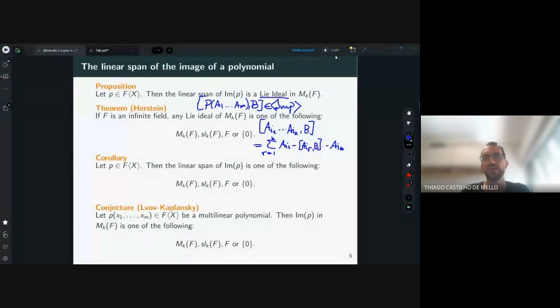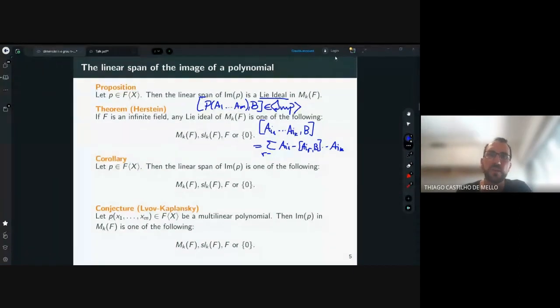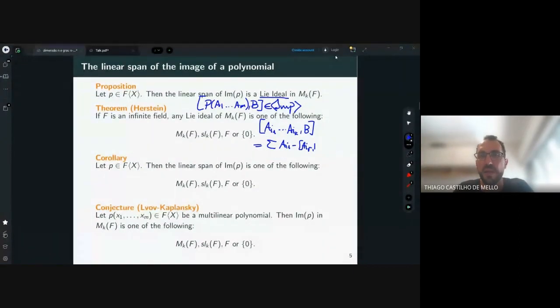Okay, so it's a sum of elements which are in the image of P. So this lies in the vector space generated by the image of P. Okay, so it's a Lie ideal, and the Lie ideals on matrices were described by Herstein. Actually, at least in the case of infinite fields, he showed that the only Lie ideals we have here are these ones.